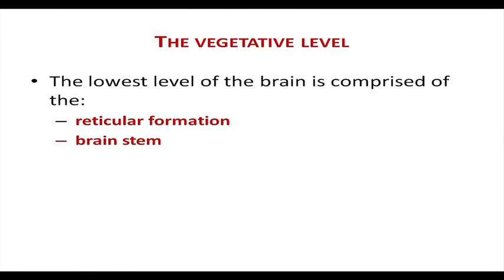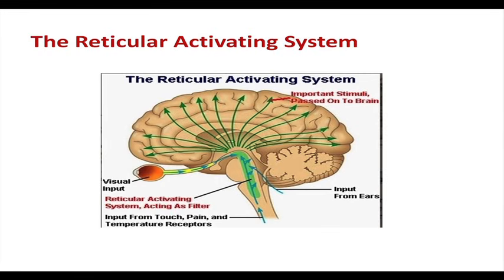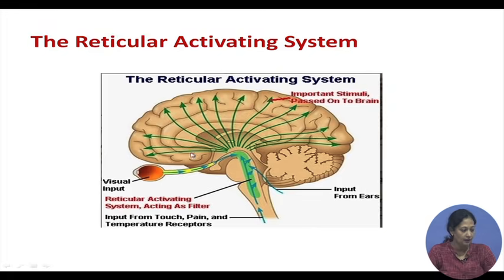So, like heart rate, breathing, sleep, etc. So, again going back, see, the reticular activating system takes its impulses from the optic fibers, the auditory fibers, so from the various cranial nerves, and this actually screens the stimulus, and with the help of the relay center or the thalamus sends the impulses to the various parts of the brain.